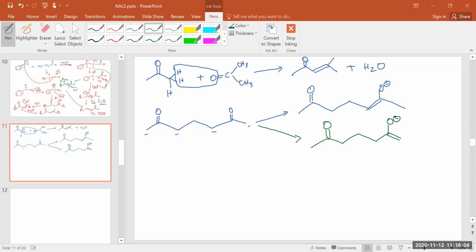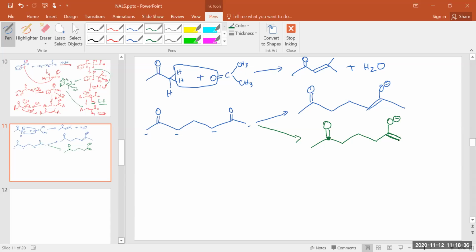Because the enolate reacts with another carbonyl compound, you have the carbonyl sitting in that molecule. And always remember, the intramolecular reactions are favored over intermolecular reactions because of the proximity effect, because this carbonyl is very close to this one.